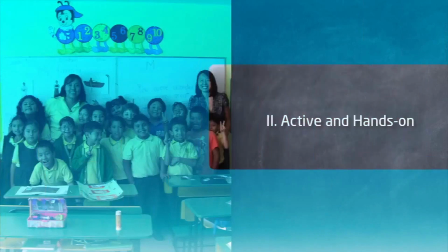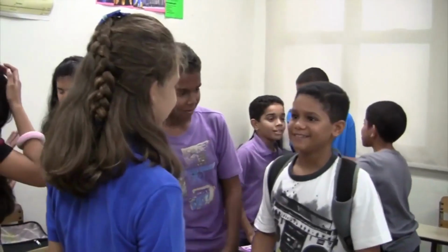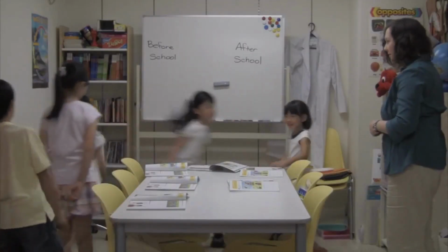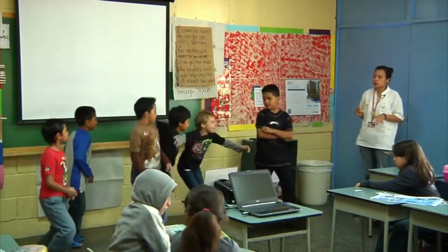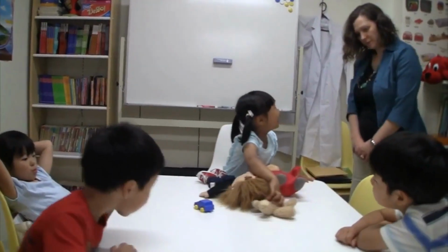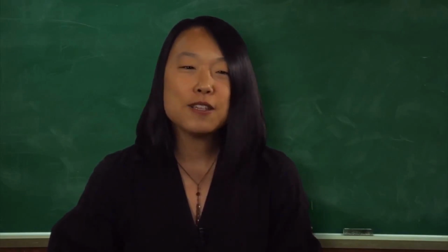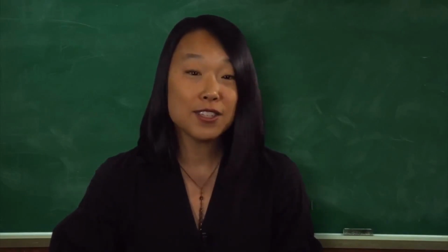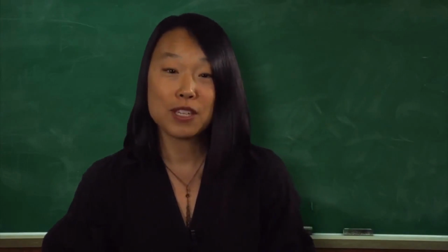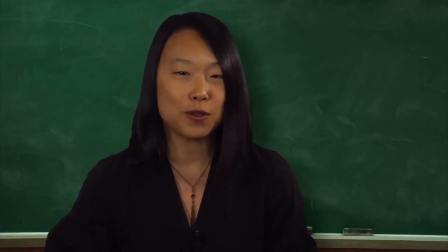Make your classroom active and hands-on. Children are kinesthetic learners. That means they like to move their bodies and move around the room. It also means they like to learn by touching and manipulating objects. They learn by doing. They need to be active and have lots of hands-on activities that encourage them to interact with objects and visuals.